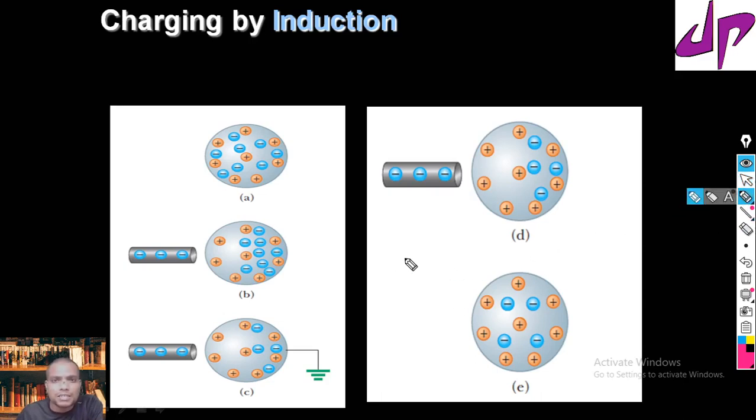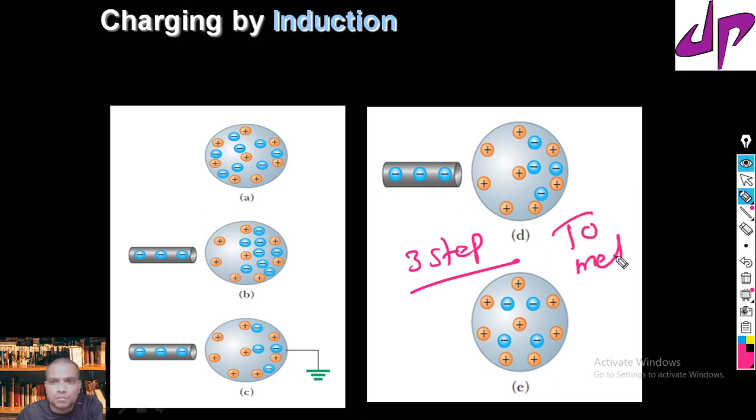Induction is a three-step process, so it is a little more difficult than charging by friction. Induction can be done to metals, so it is not possible for insulators.